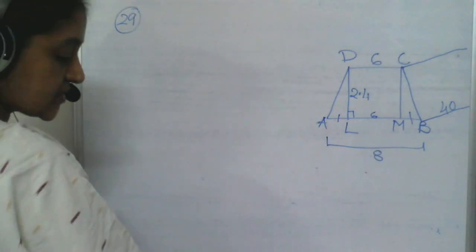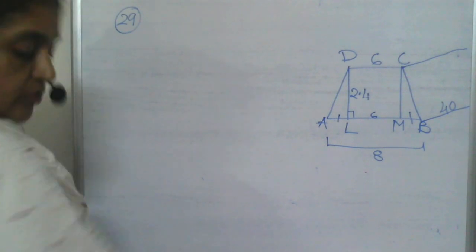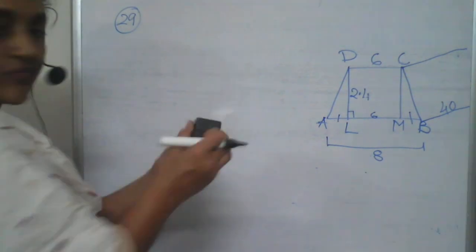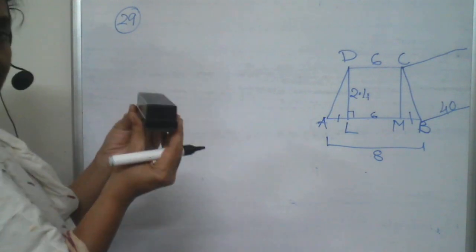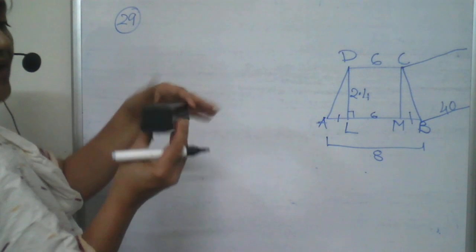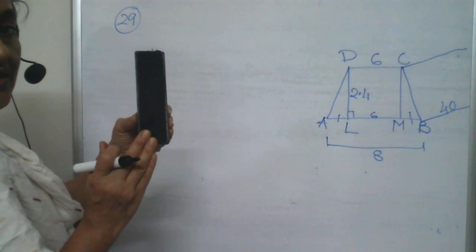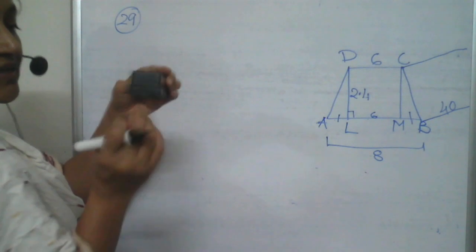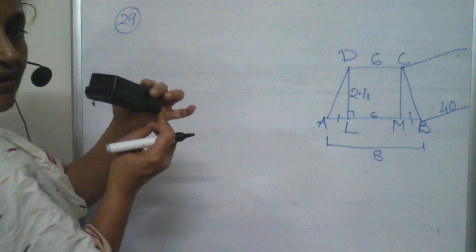Now it is asked the cost of paving the floor. Again I would like to take the help of my duster. If it is floor, floor means what? When I kept the duster like this, it was the cross section here and this is the length. But if we have to look at the floor, floor will be this. What does this mean? Whatever is the breadth into the length.